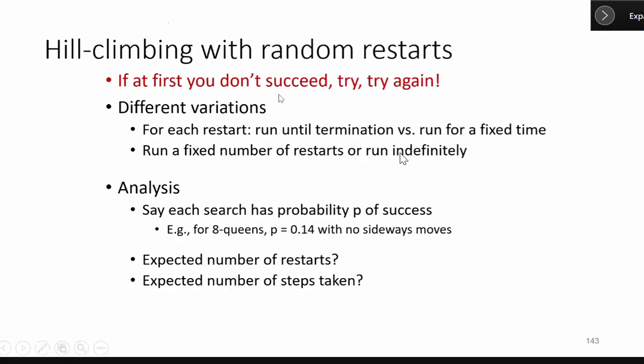So you have to restart again, don't stop there, and for a fixed number of restarts, you have to run and go ahead. Say each search has probability P of success. For 8 queens, P is equal to 0.14 with no sideways moves. So what is the expected number of restarts, and the expected number of steps taken?